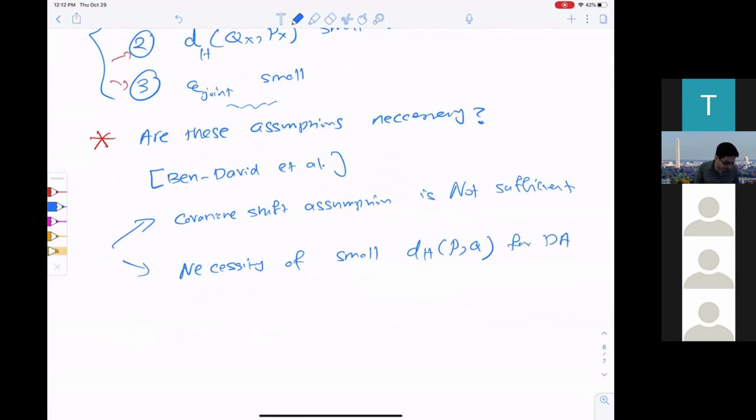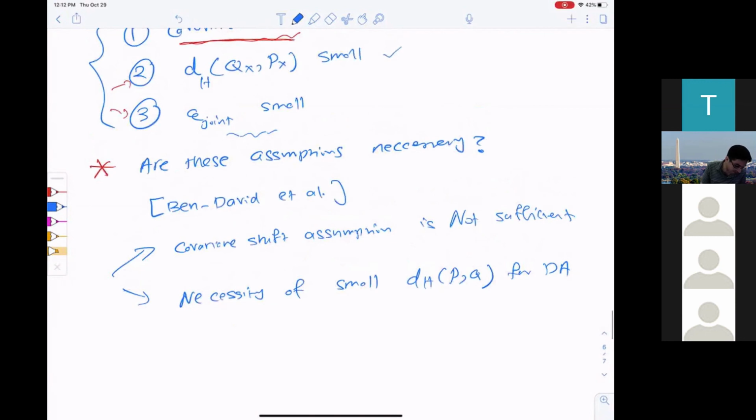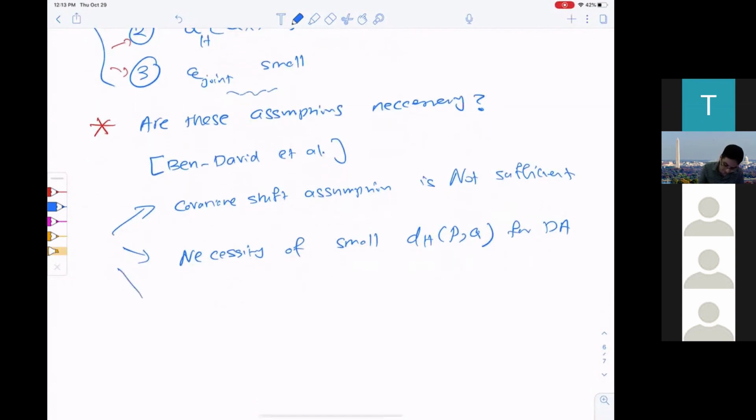They argue that if covariate shift holds and you have a small joint error, basically if assumptions 1 and 3 hold, you can still find pairs of source and target distributions and a labeling function that satisfy assumptions 1 and 3 but violate assumption 2, and then the test error would be very large. With high probability, it would be larger than half. Therefore, the second assumption is necessary to have a successful domain adaptation.